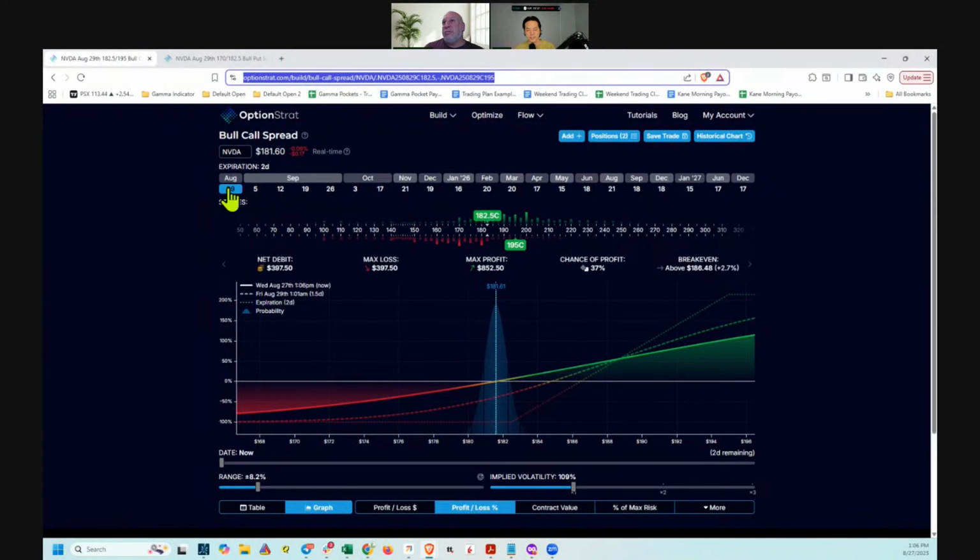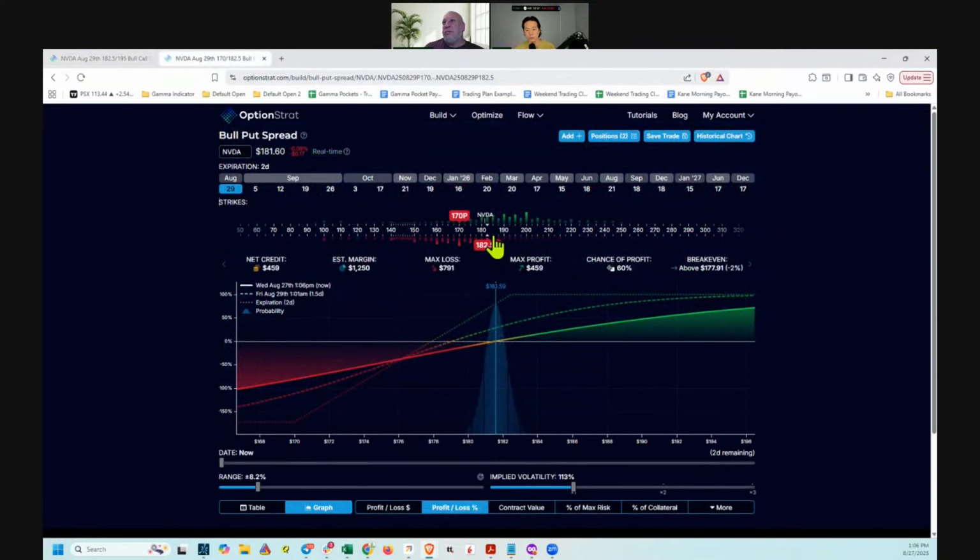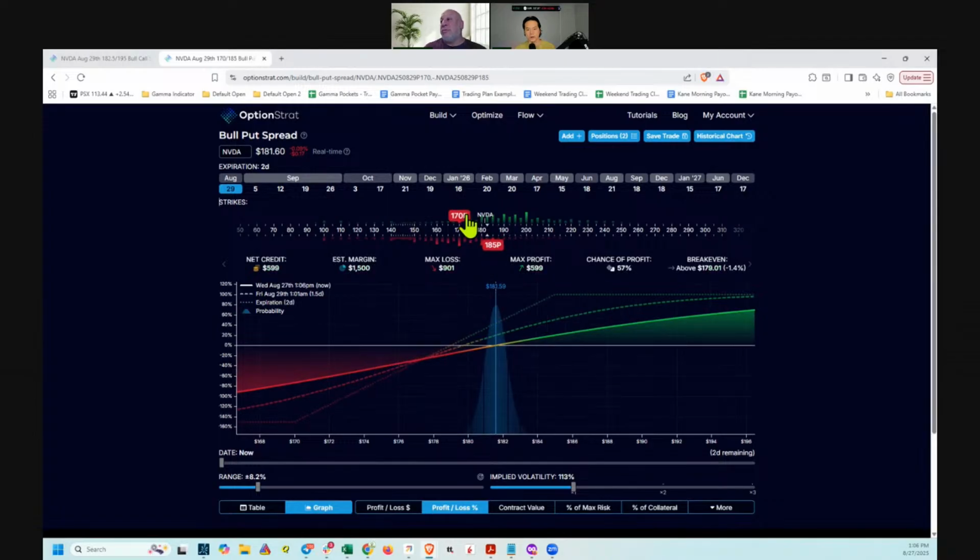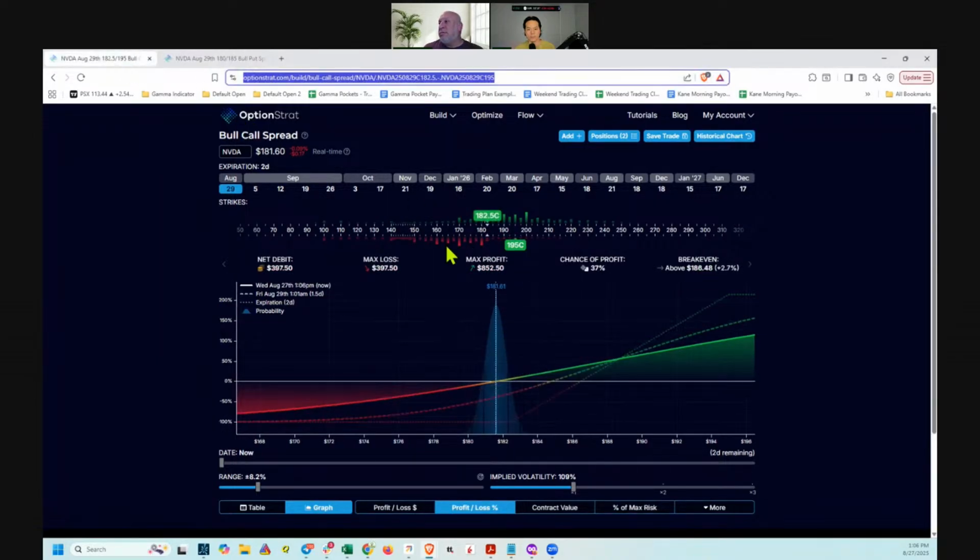And I'm going to do the exact same expiration. So that is August 29th. And I'm going to do the exact same strikes. So let's try 185, 180.